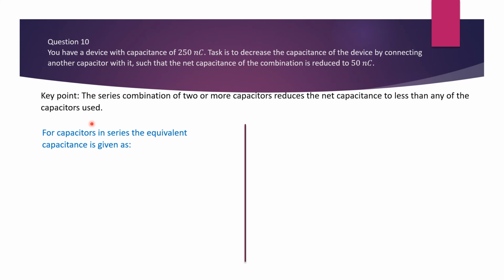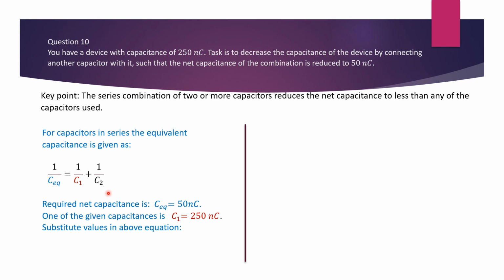For capacitors in series, the equivalent capacitance is given as 1 over C equivalent is equal to 1 over C1 plus 1 over C2. This is for the two capacitors involved. Required net capacitance C equivalent is given as 50 nanocoulomb in our problem.